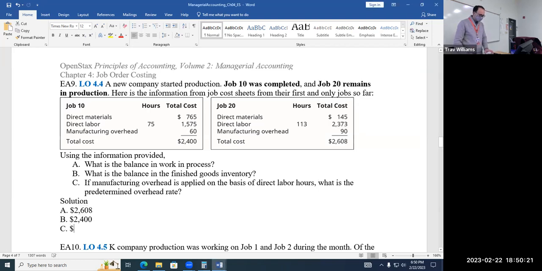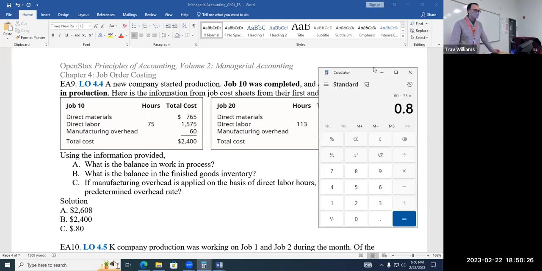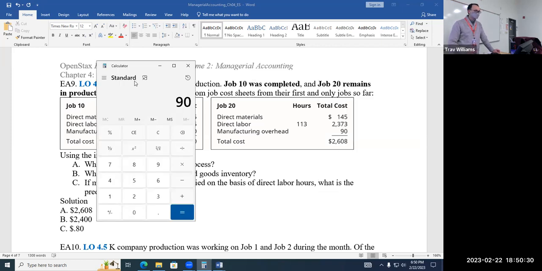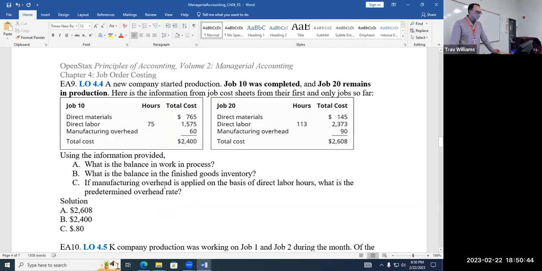And to check it, because it should be the same for every job, let's look at job 20. We had $90 of manufacturing overhead divided by 113 direct labor hours. It's a little bit of a rounding difference, but you can see it's also 80 cents, right? So now we know the answer. It's 80 cents per direct labor hour.